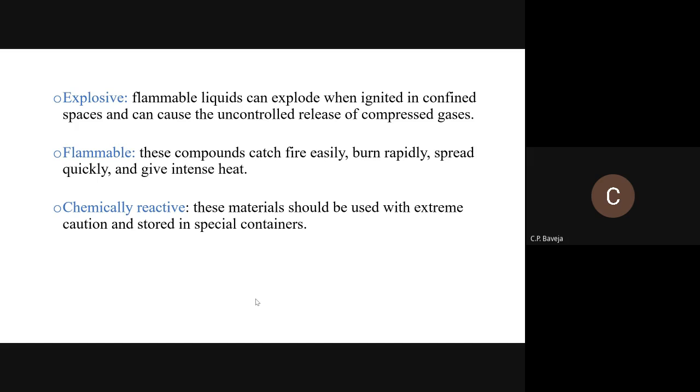Flammable liquids can explode when ignited in confined spaces and can cause the uncontrolled release of compressed gases. Then flammable: these compounds catch fire easily, burn rapidly, spread quickly, and give intense heat. So again, this is hazardous. Then chemically reactive: these materials should be used with extreme caution and stored in special containers.